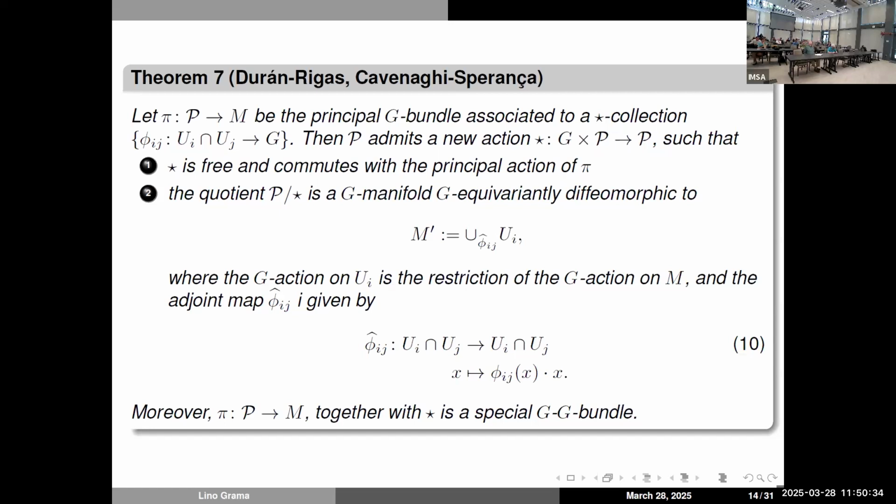Then P admits a new action of the same group G. We call it the star action, and this new action is free and commutes with the principal action given at the beginning, pi. The quotient of this new action is a G-manifold, G-equivariantly diffeomorphic to this union, glued by these functions phi hat, where the action on U_i is restricted from the G action, and the adjoint map phi hat_ij is given by this form.